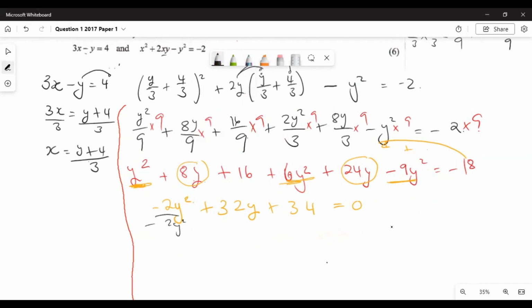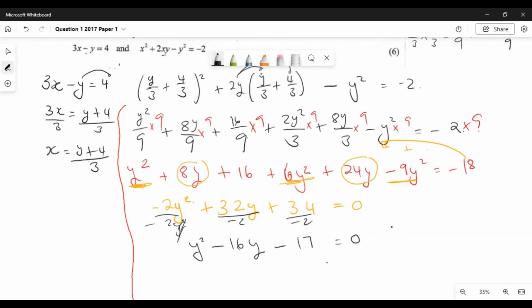Divide by a negative 2. We get minus 16y. And 34 divided by 2, we get 17. So it's a negative number, so it should be divided by negative 2, giving us the negative 17.